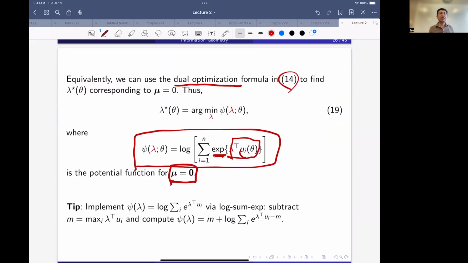One way is to subtract the maximum of this guy: add and subtract, and then the exponential of the added term can go outside, and after the subtraction this guy will be small.